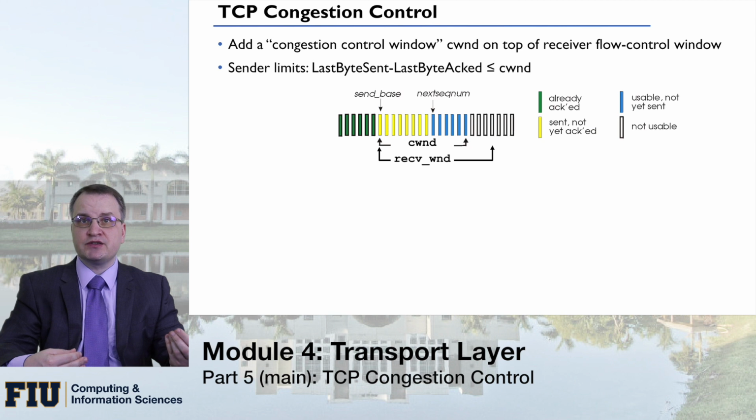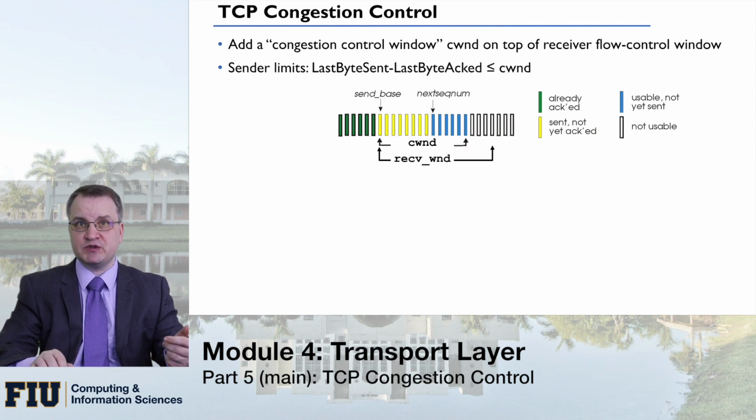And the congestion control window, shown on the slide as simply CWND, is yet another limit that defines the estimated amount of packets that you should send to the network without congesting it.